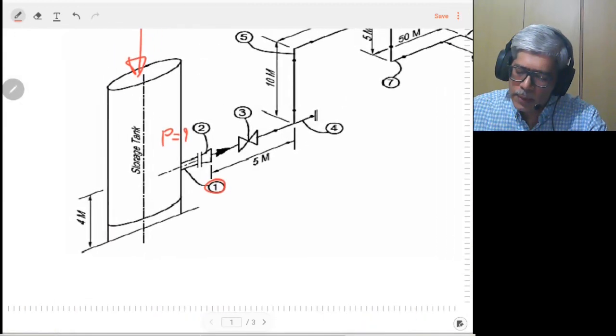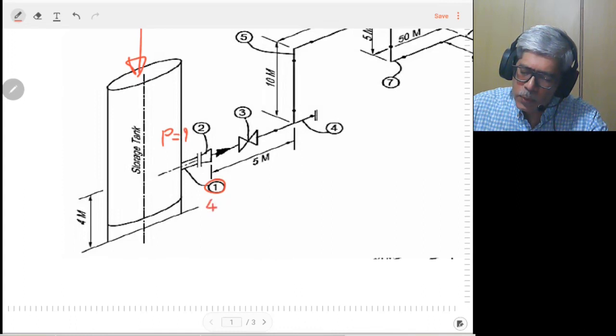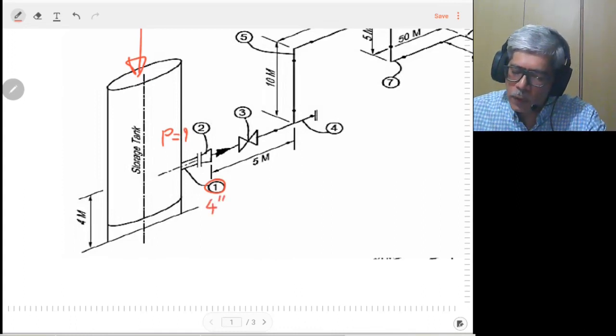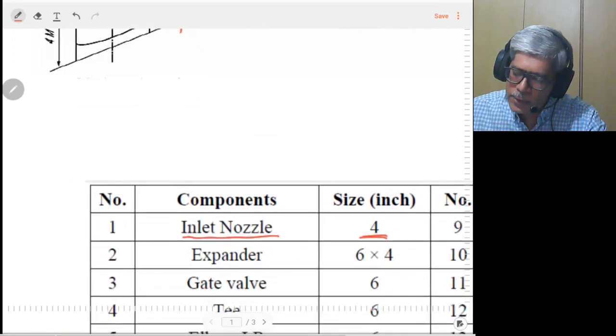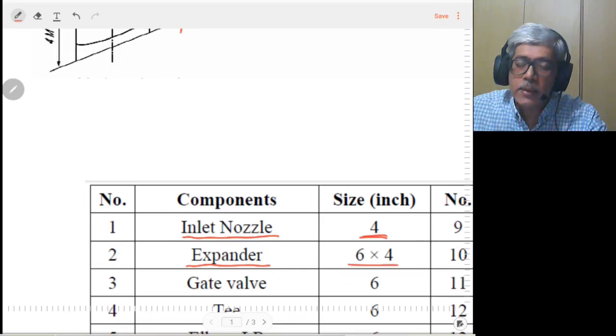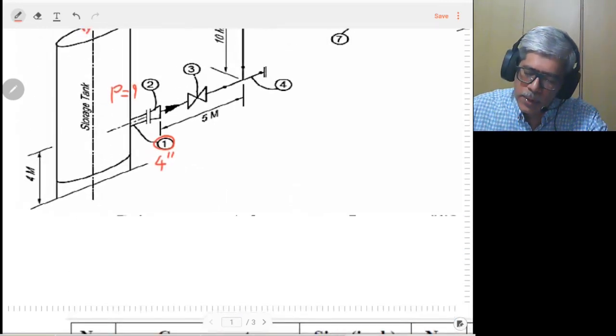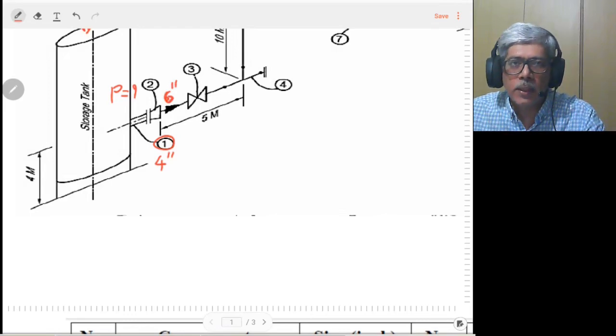This 4-inch nozzle is followed by element number 2, which is an expander. This particular expander is from 4-inch to 6-inch. So the further pipeline becomes a 6-inch pipeline.